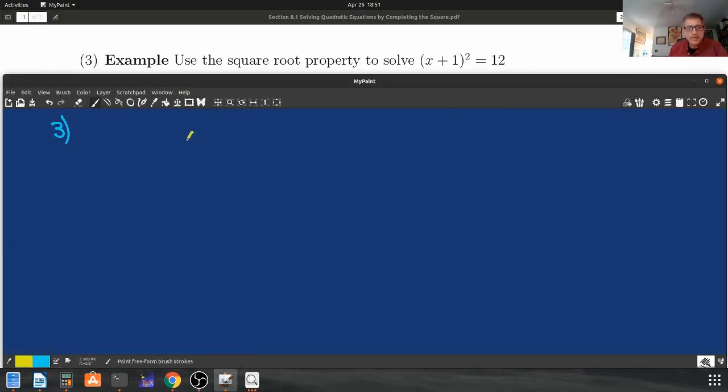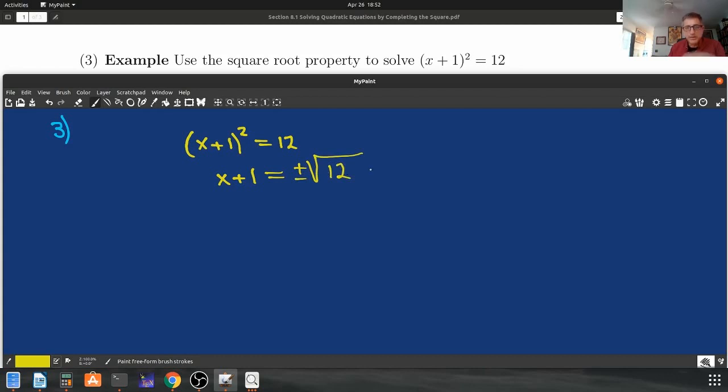So we have x plus 1 squared is equal to 12. So if you want to think of this as taking the square root of both sides, that tells me that x plus 1 is equal to plus or minus the square root of 12.